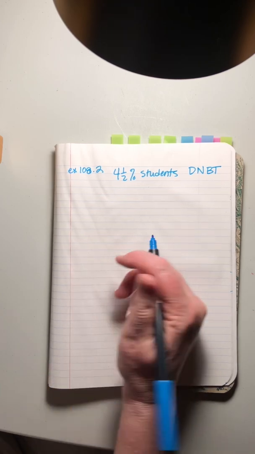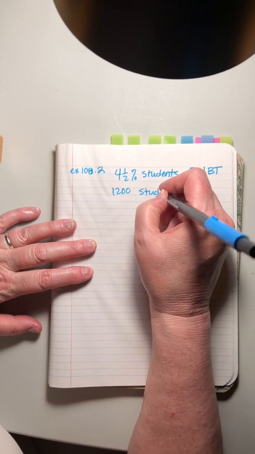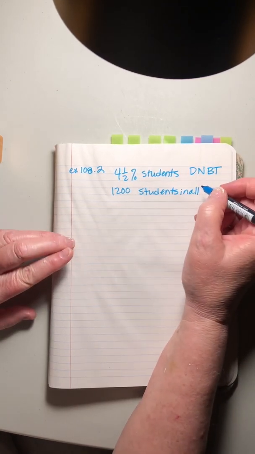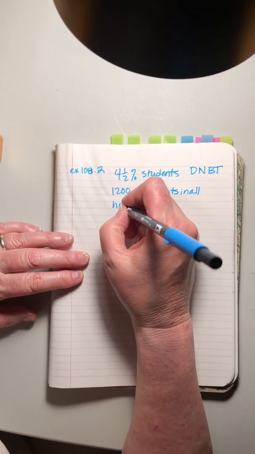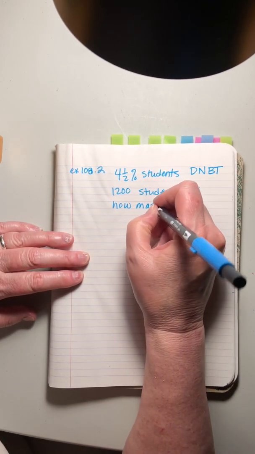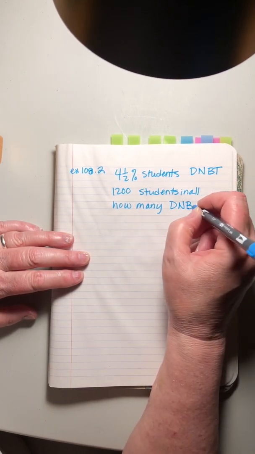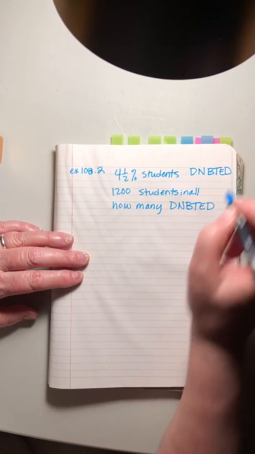If there were 1,200 students in all, how many did not brush their teeth every day? That's what this is. It should be every day. Let's make it legit, shall we?